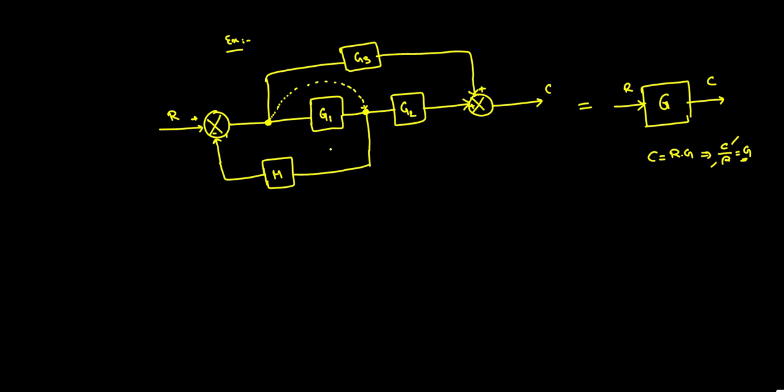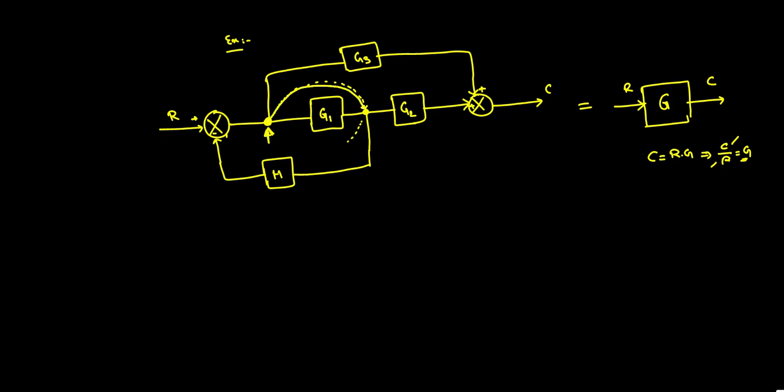Or you can also bring this point to this also, then these two become cascade. So either of them, in a block diagram reduction technique you can do anything that you want. Suppose this particular point here you wanted to bring from this to here.